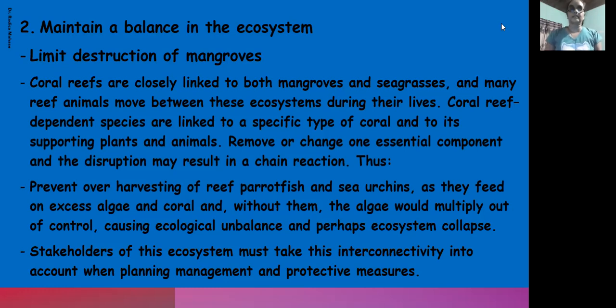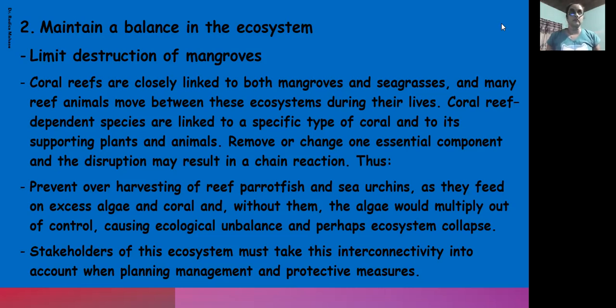Because when we do that, then we are affecting the reef animals and all the different species that live on the corals, or the different species of corals. So everything is in imbalance when we interfere with one part of the ecosystem. So when we say maintain a balance in the ecosystem, we mean limit destruction to the mangroves.